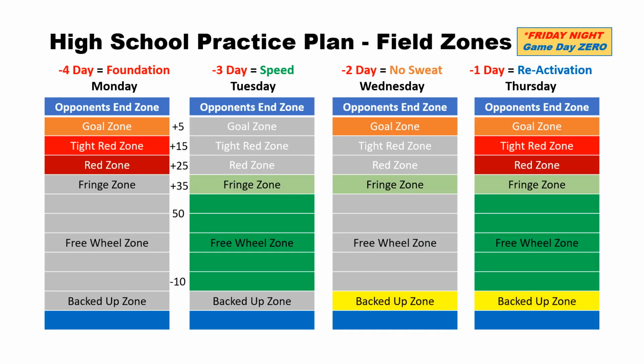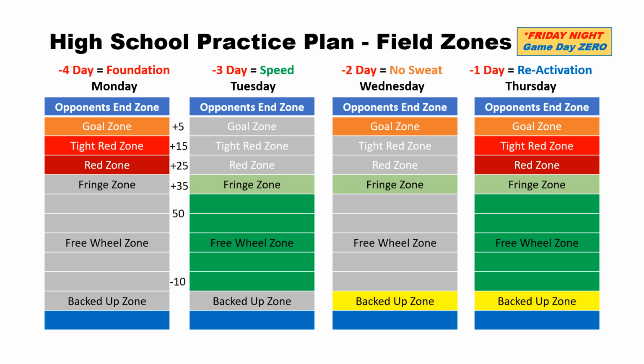What you want to do here then too is also combine this periodization from a conditioning standpoint with your field zones. So you can see here on Monday, since we're doing foundation day, we want to look at red zones so we're not running long distances, quality versus quantity. Then when we get to our speed days, now we start to go middle of the field, the green there, freewheel zone.